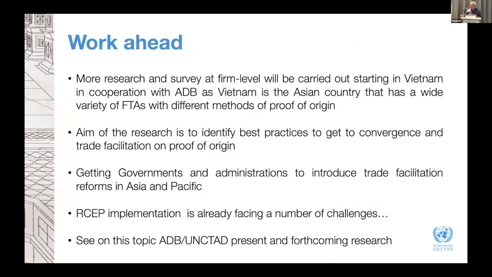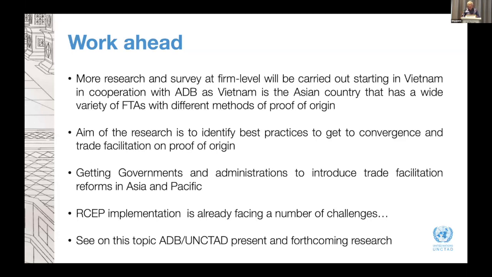So the work ahead, which we have already started, will begin with Vietnam. Why Vietnam? Because Vietnam is an ASEAN member country with a wide variety of FTAs, including with Japan and the United States. So Vietnamese firms face different ways of proving rules of origin.